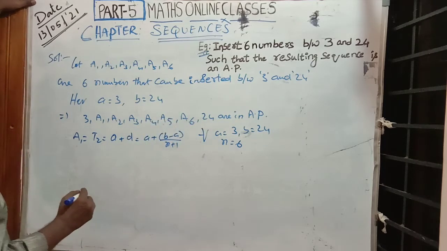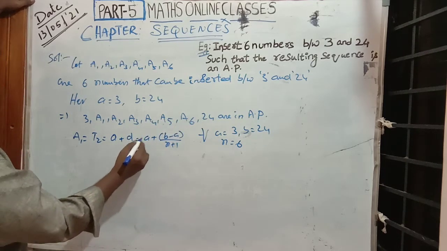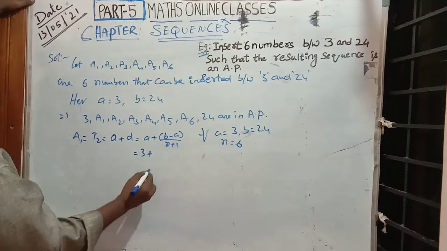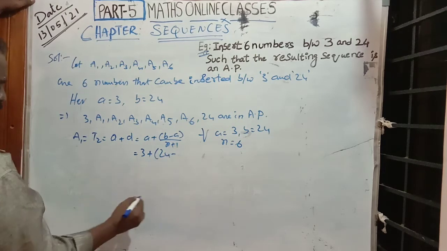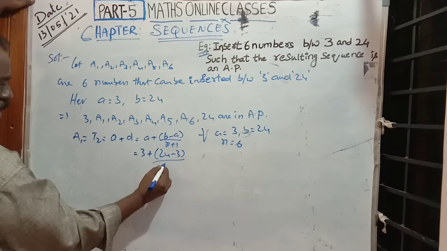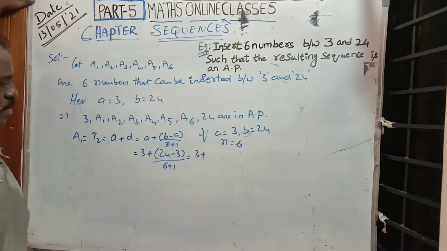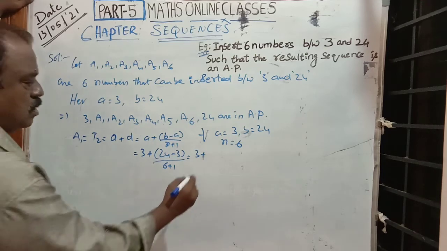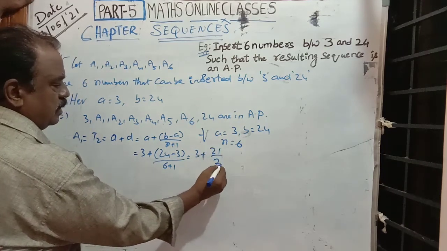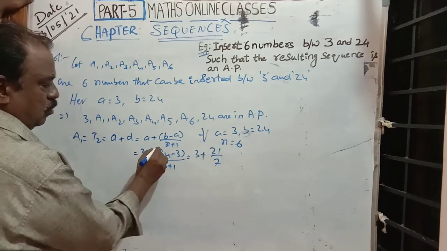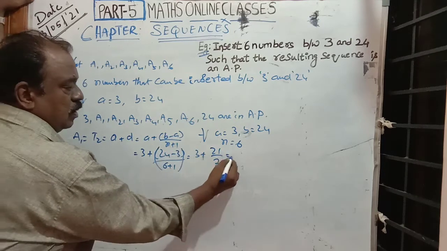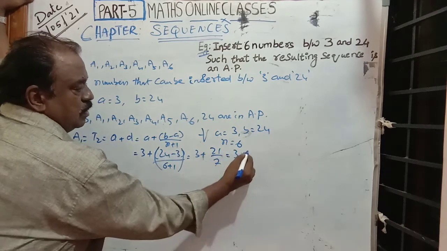So it is 3 plus (24 minus 3) by (6 plus 1). So this is 3 plus 21 by 7. It is 3 plus 3.